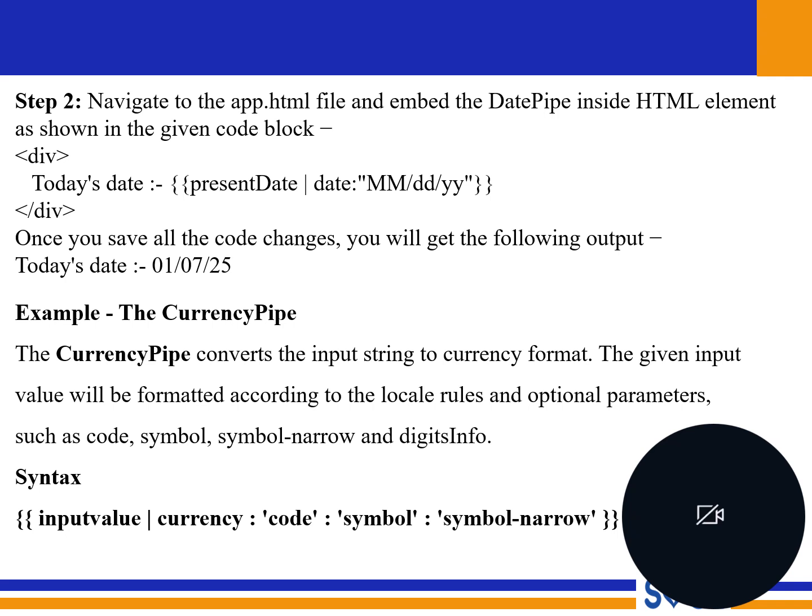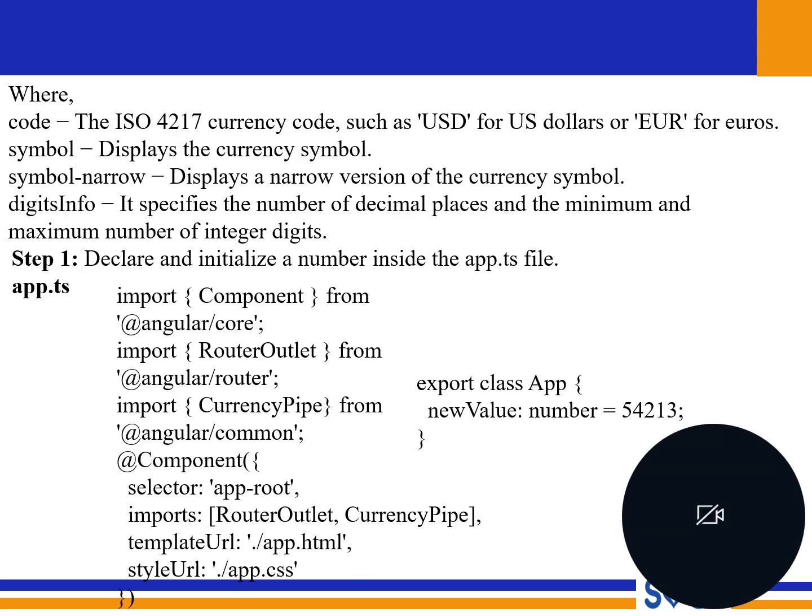Next, the currency pipe. The currency pipe converts the input string to the currency format. The given input value will be formatted according to the locale rules and the optional parameters such as code, symbol, symbol-narrow, and digit info. So this is the syntax followed for the currency pipe. Here we have to give the code, symbol-narrow, then digit info.